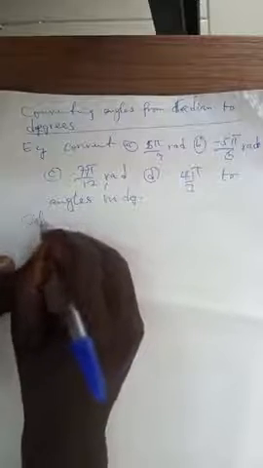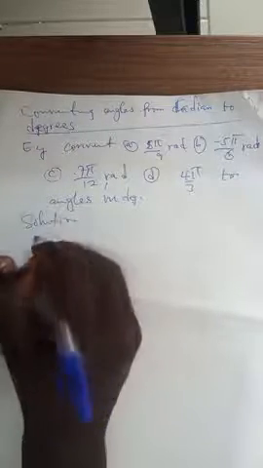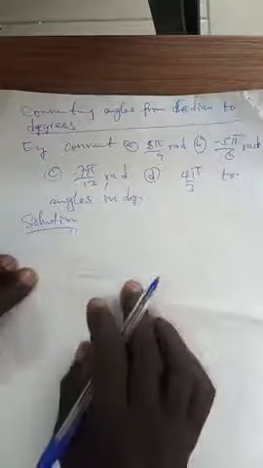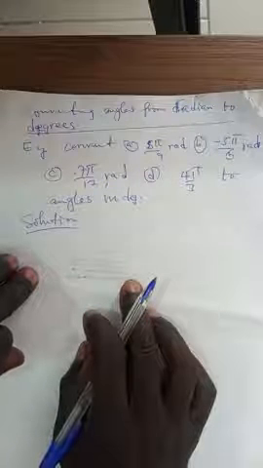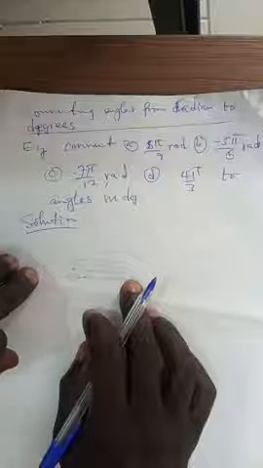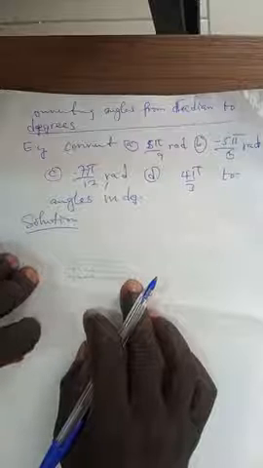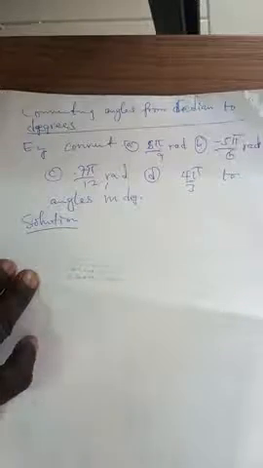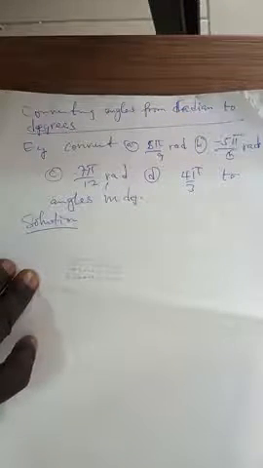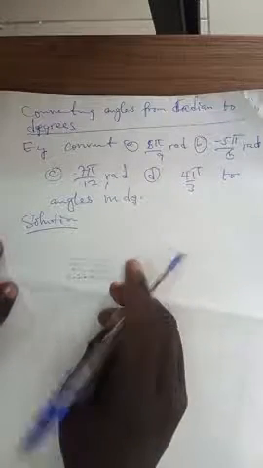Now, to convert this to angles in degrees, it's very easy for us, since to convert an angle from radian measure to an angle in degree, simply multiply that given angle by 180 over pi, the reciprocal of the unit we have used in converting an angle from degree to a radian measure.